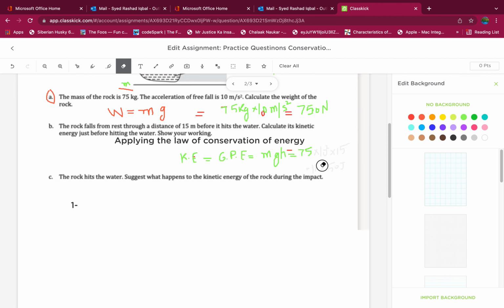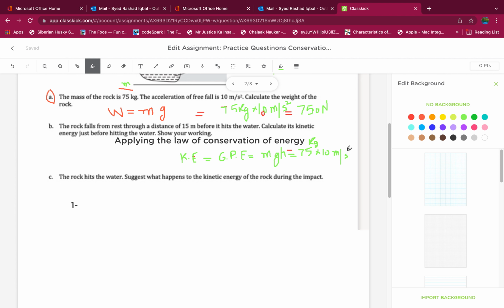So just to make it clearer, if you take our pen, it's here. Okay, so 75 multiplied by 10, the value of g, the free fall acceleration, right? It's better with units. So 75 kg, then 10 meter per second squared.